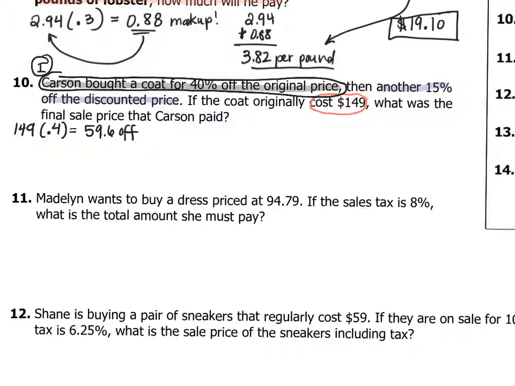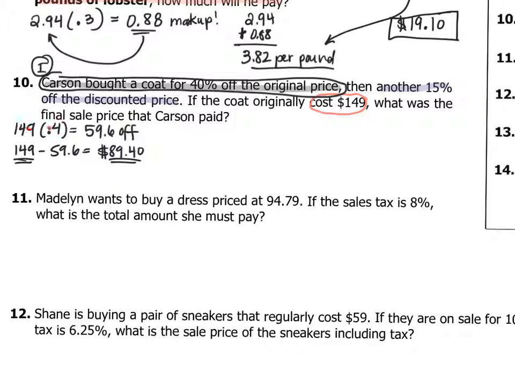So let's take $59.60 off of the $149. We're going to take that $149 and subtract 59.6, which means that the 40% off coupon has him paying $89.40. So again, this is simply taking 40% off of the original price.